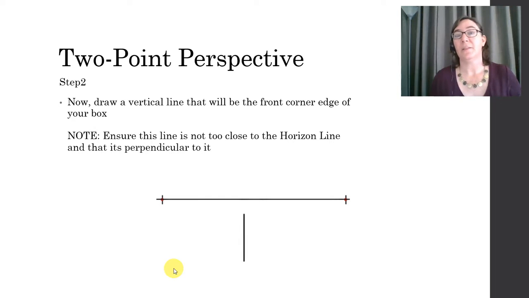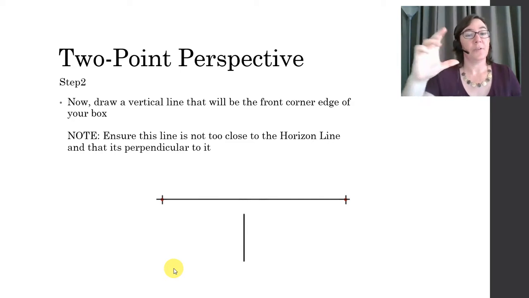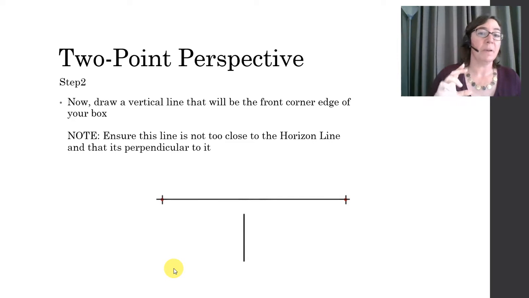Next, draw a vertical line. This is going to be your front corner edge or your leading edge of your box. It must be true vertical, so go ahead and use your T-square and triangle. But for this particular exercise, I'd like it to be below the horizon line and a little bit spaced away from it.